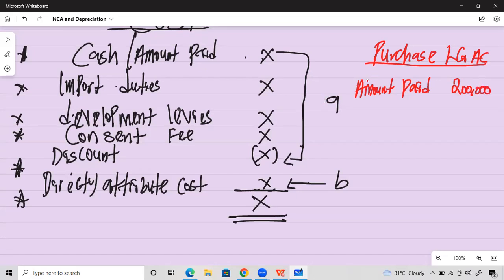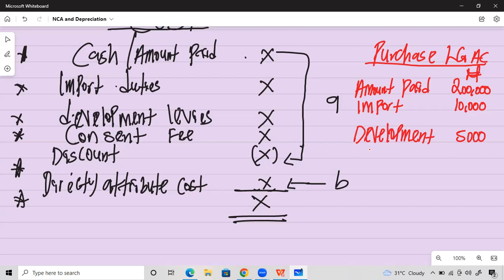Let's say it's from overseas, not in Nigeria, but converting this foreign currency to Nigerian currency, the Naira equivalent is 200,000. You also pay Nigerian customs. Let's say you pay customs of 10,000. You also pay some development levies of 5,000.